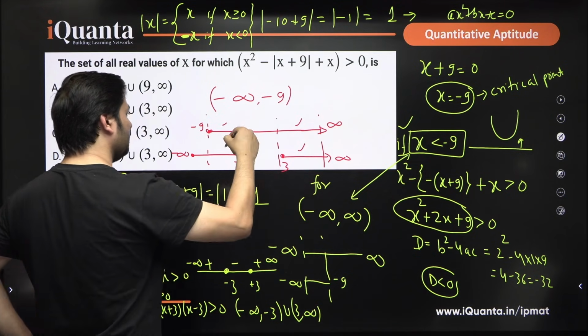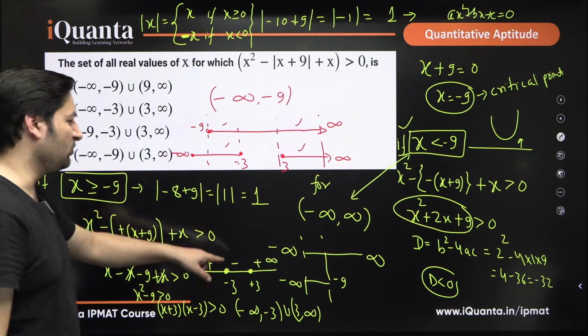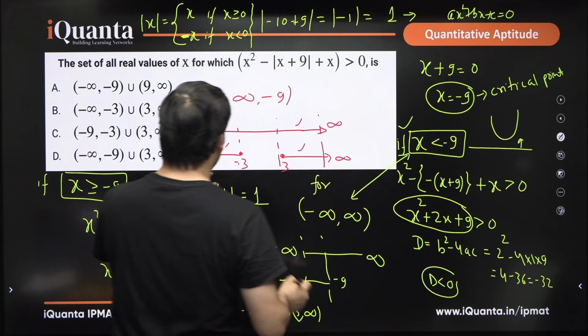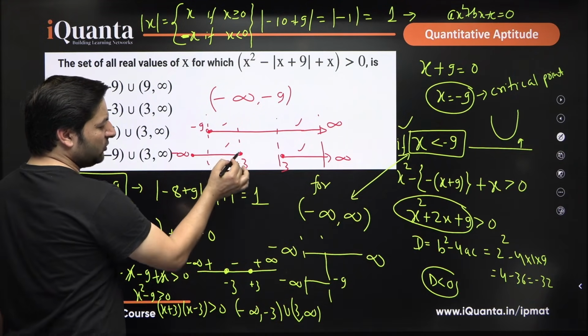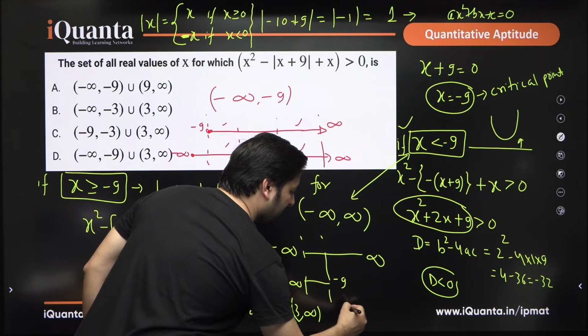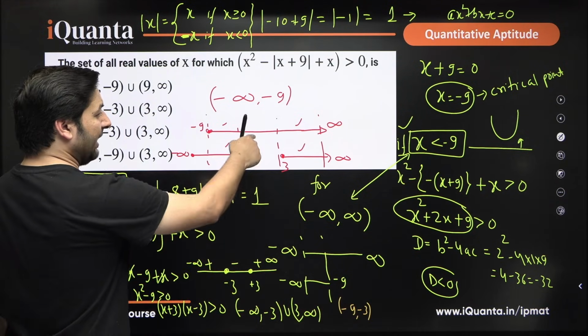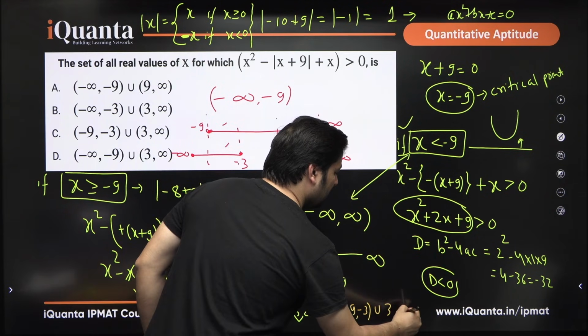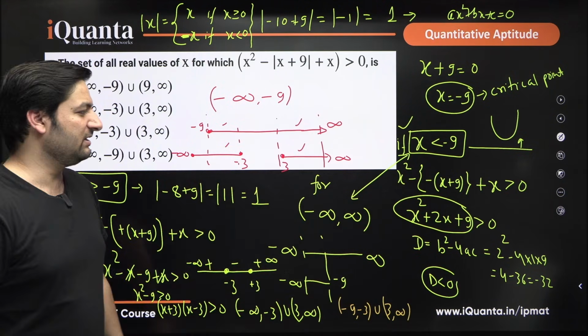It is present in both the ranges. So how do we write the solution for this particular part? The solution would be minus 9 to minus 3, okay, like this, union 3 to infinity.